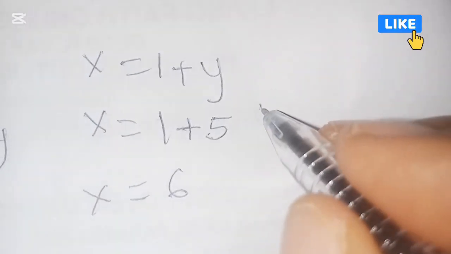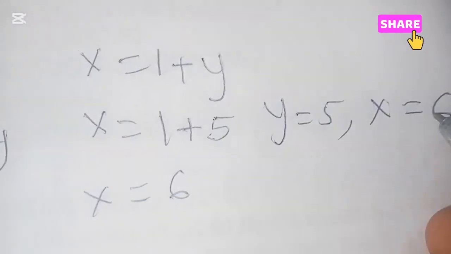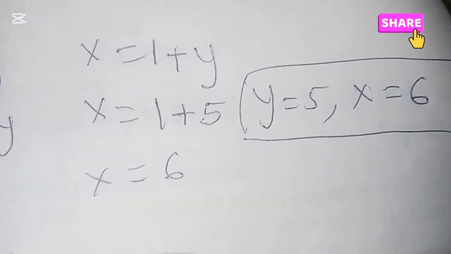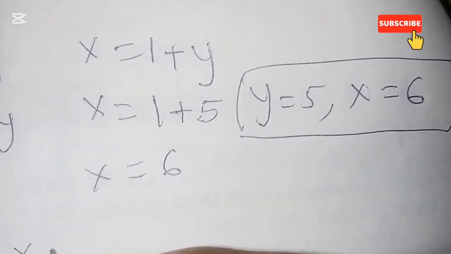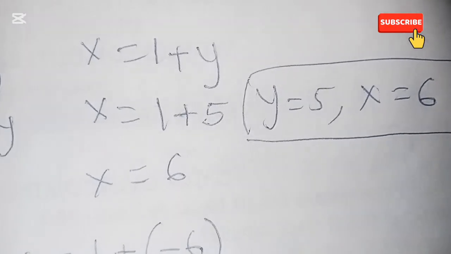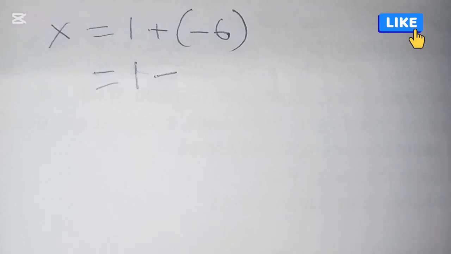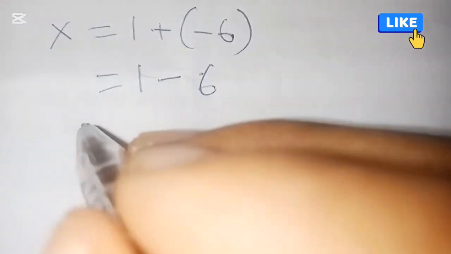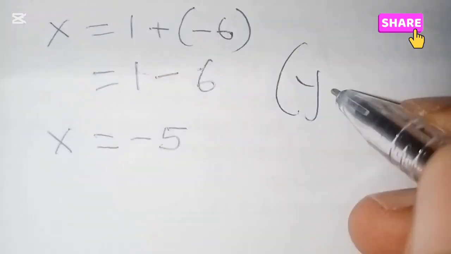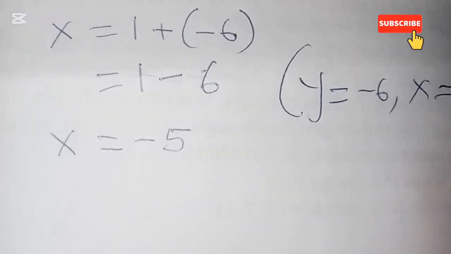So this is when y is 5, x is 6. Then when y is minus 6, what is x? When y is minus 6, x is minus 5. So y is minus 6, x is minus 5.